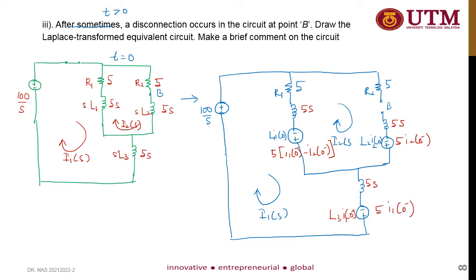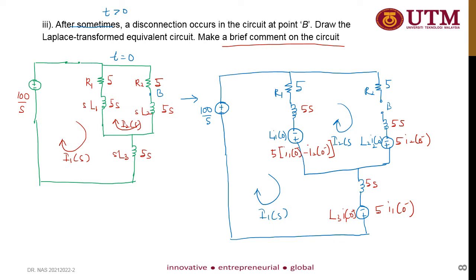So this is the Laplace transform equivalent circuit when there's a disconnection at point B. Don't forget to justify your answer. So what happened after the disconnection occurred?